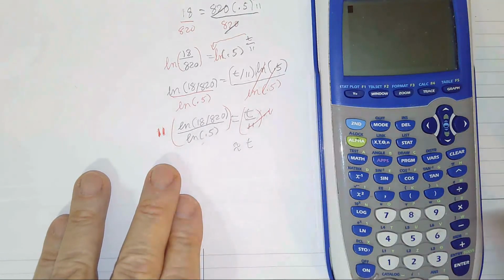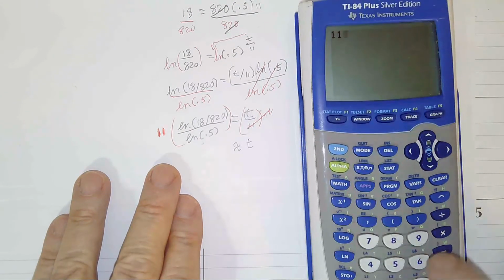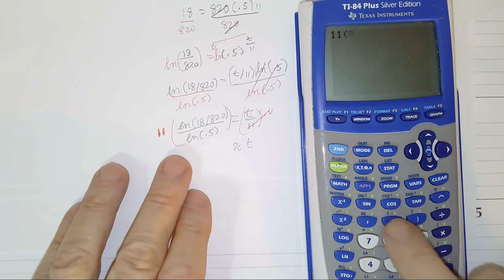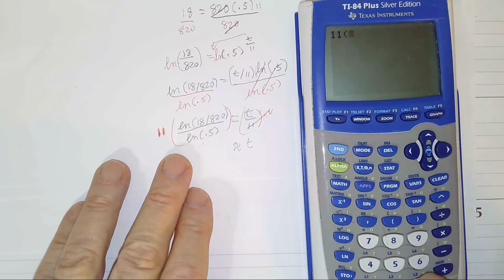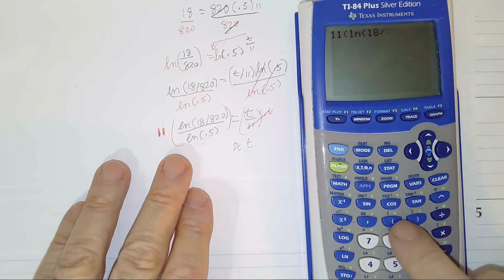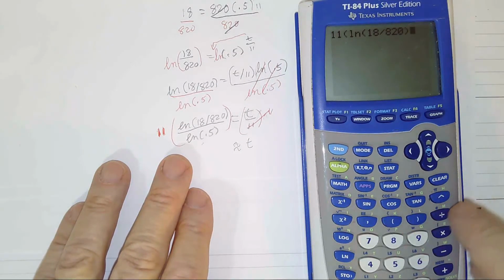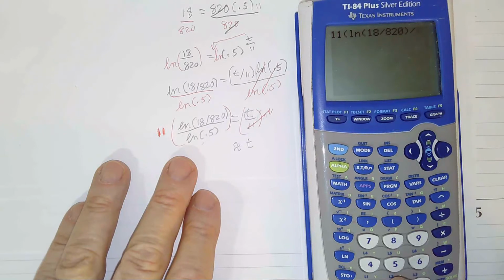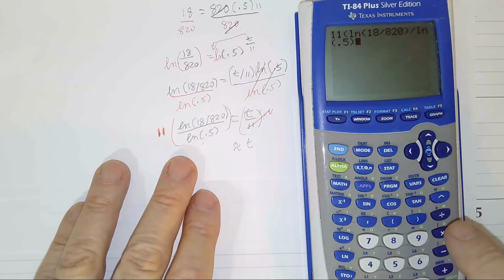So I start out with 11, then multiply, and inside that I put the natural log of 18 divided by 820, close the natural log, and then divided by the natural log of 0.5, close that, and then close the argument.